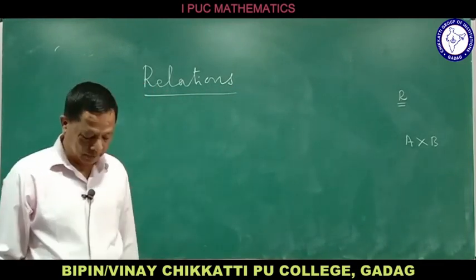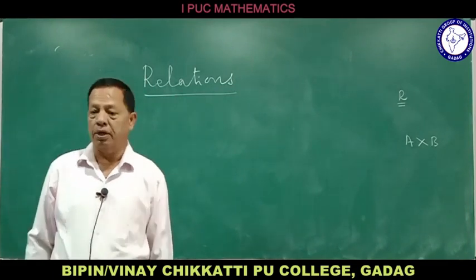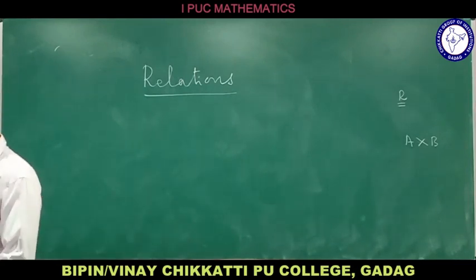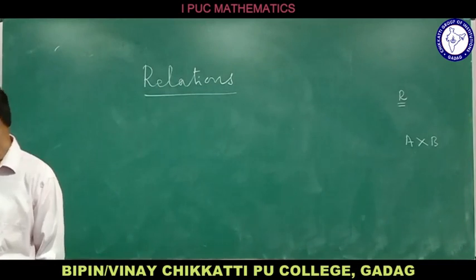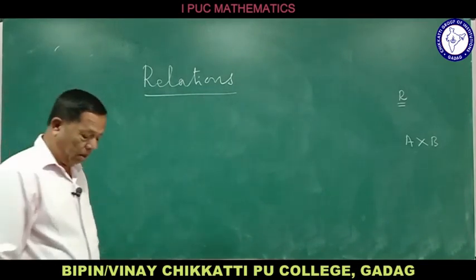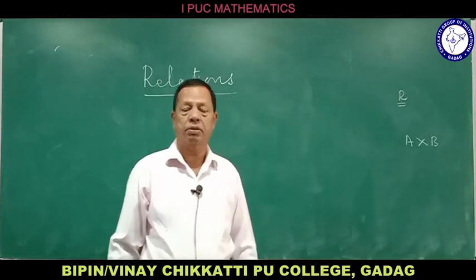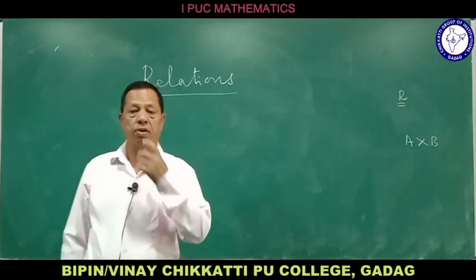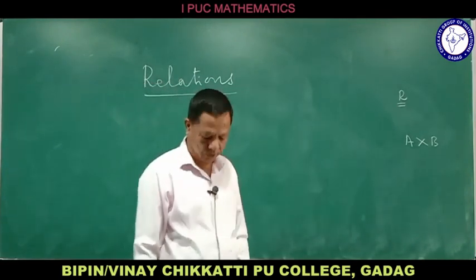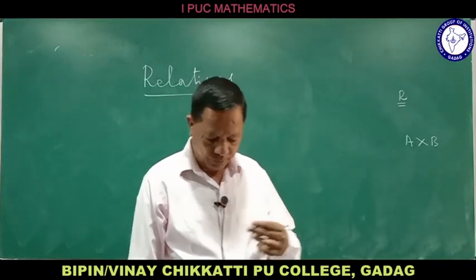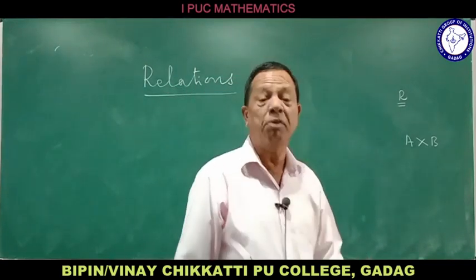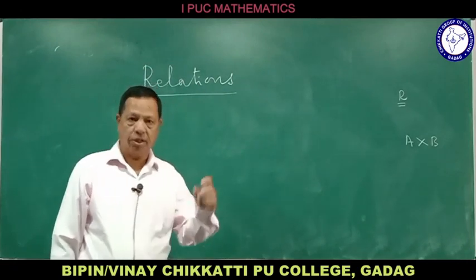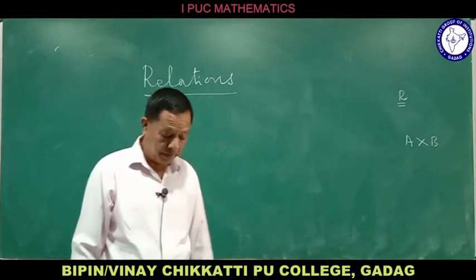The relation R is a subset of the Cartesian product of A and B. All subsets of the Cartesian product A cross B are called relations, and that is why we use the word subset for relation.